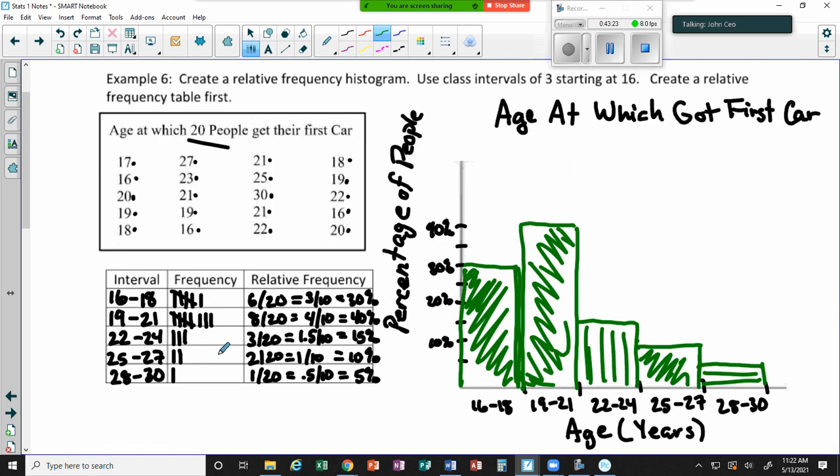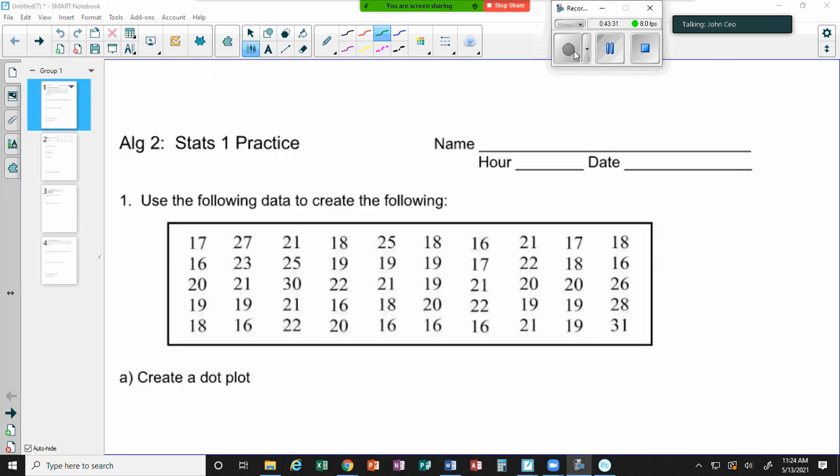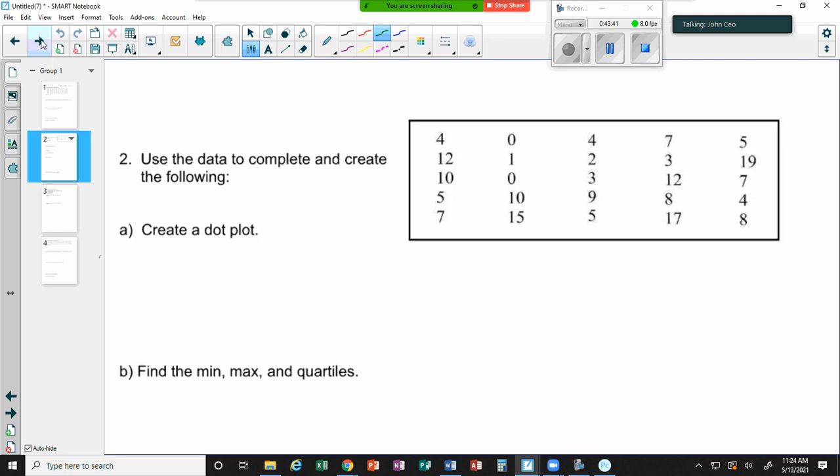Alright, so let's try some of these. Let's look at stats practice 1. We are going to go to problem number 4 on this and do this first.